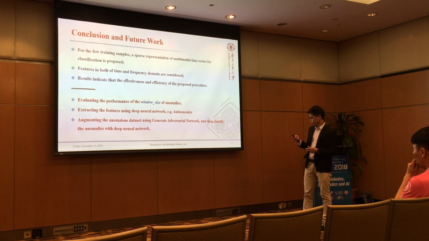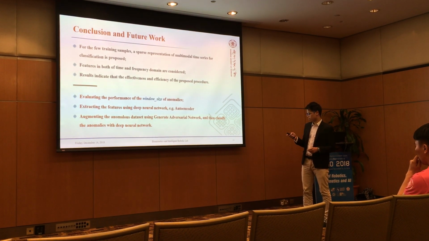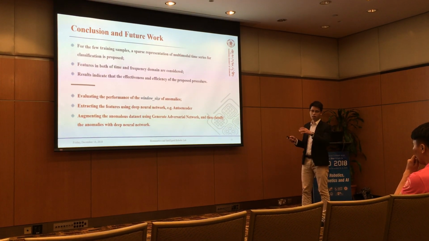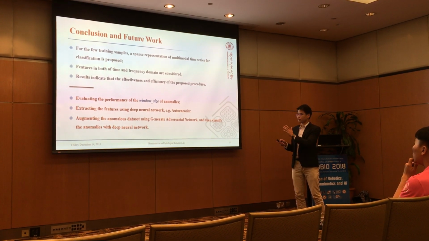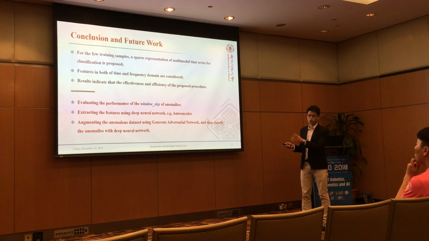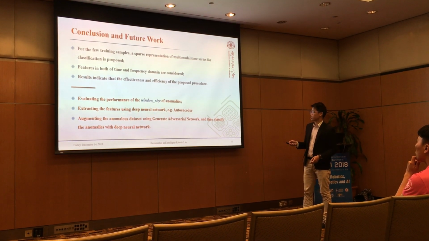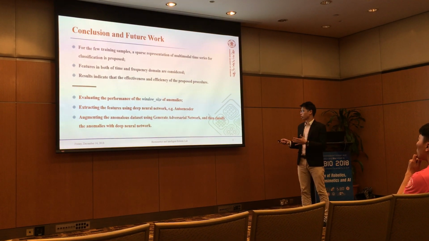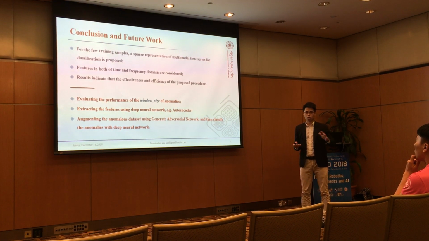But we still have many problems to address. For example, we should evaluate the performance of the window size. In our previous presentation, the results are based on a window size set to 2 seconds. As another improvement, we want to use a deep network, for example an autoencoder, to represent the multimodal time series.